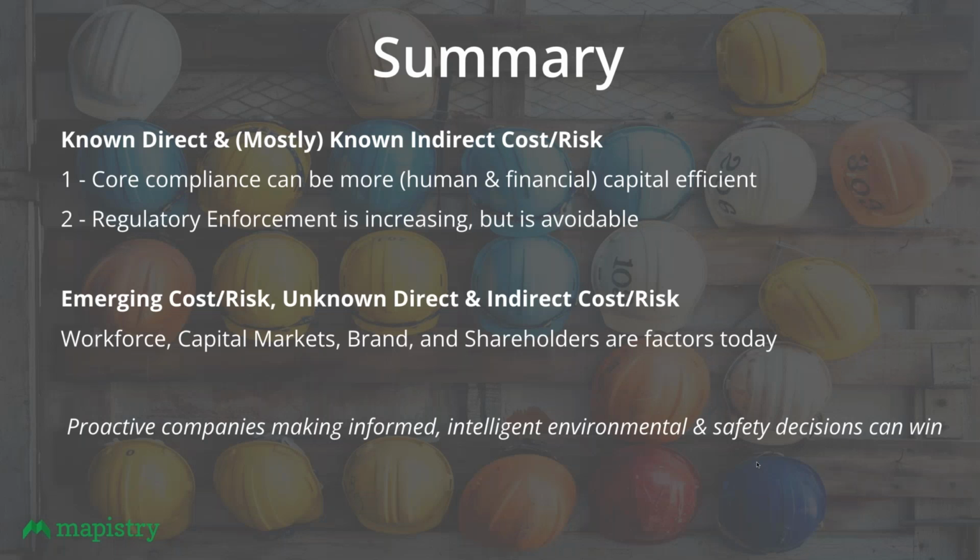So a couple things to summarize. There are many known direct costs, core compliance expenditures, and many indirect costs, but we can look at the financial calculus for environmental and safety decisions.